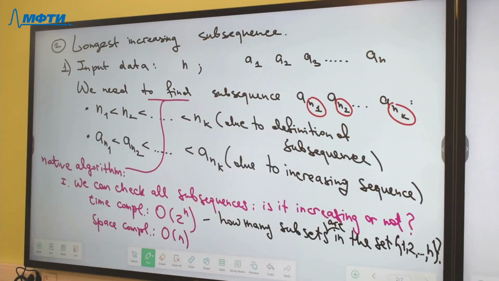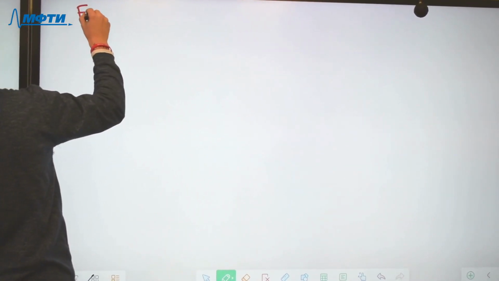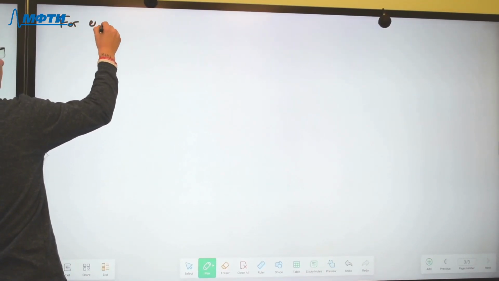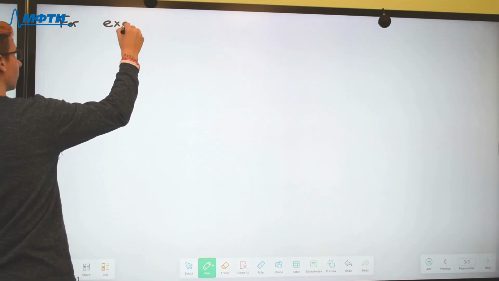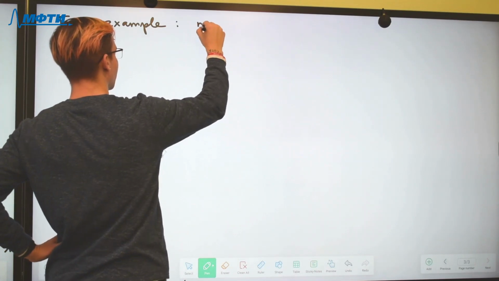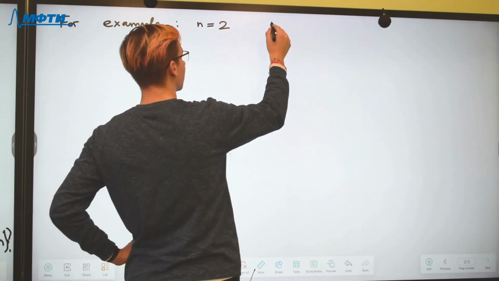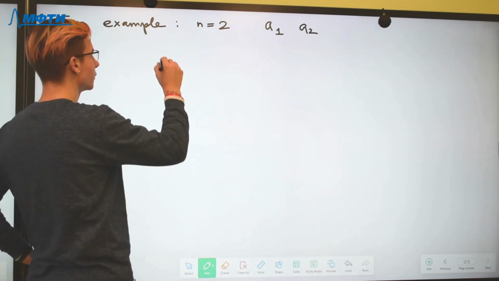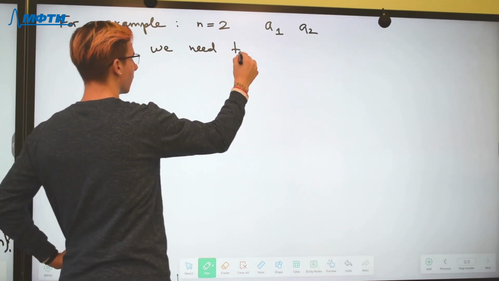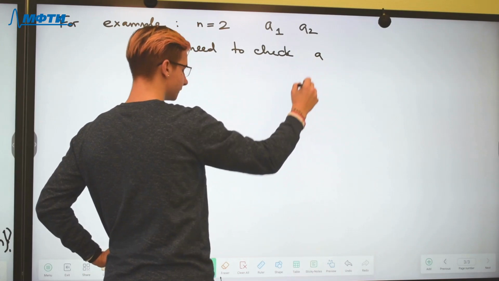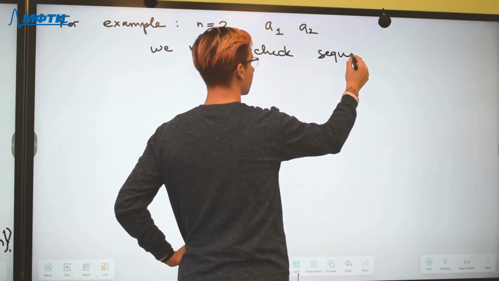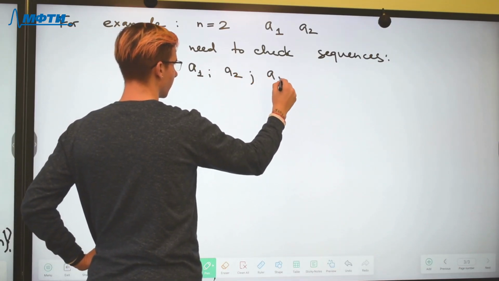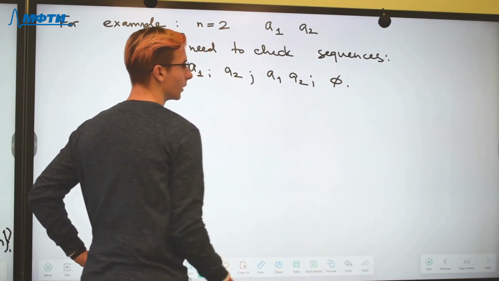For example, if n equals 2, and we have the sequence A1, A2, we need to check the sequences A1, A2, A1 A2, and the empty sequence.